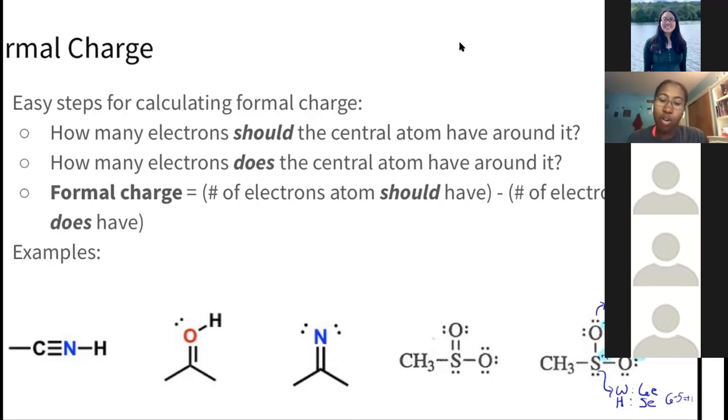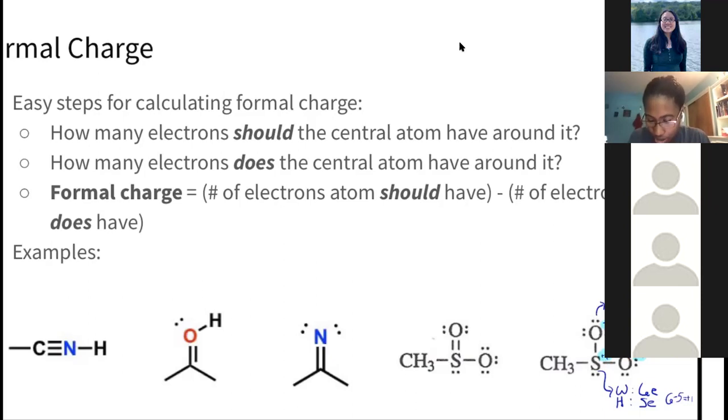What is the overall formal charge for this molecule? -1. Exactly. Thank you so much. So again, to get the overall formal charge for the molecule, we add up the individual formal charges for the oxygens and for the sulfur. And if we were to add -1 plus -1 plus +1, we'd be left with just -1. So that's the formal charge for this molecule as a whole.